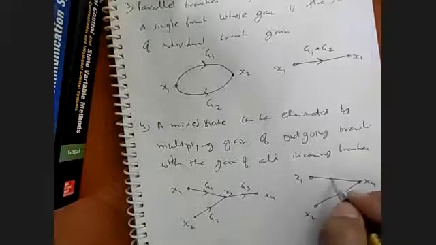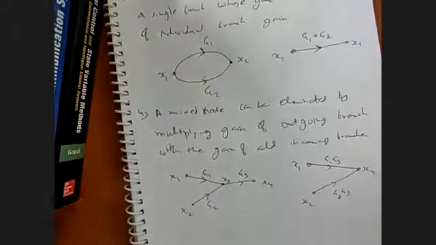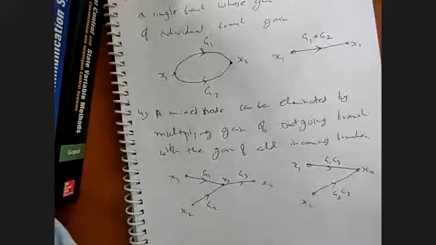And this will become G1 into G3, and this will become G2 into G3. So this is a mixed node, which can be eliminated by multiplying the gains of outgoing branches with the gain of all the incoming branches.